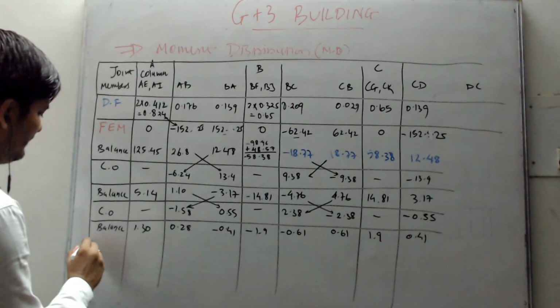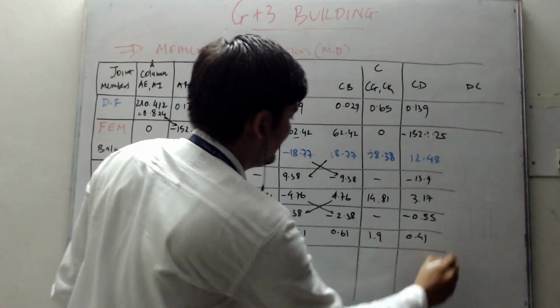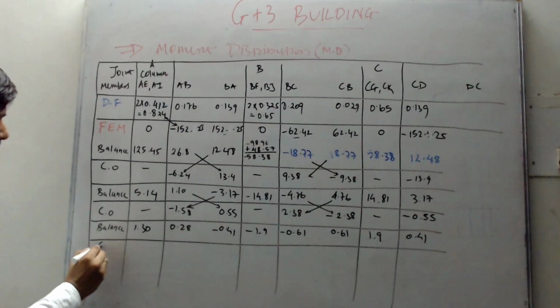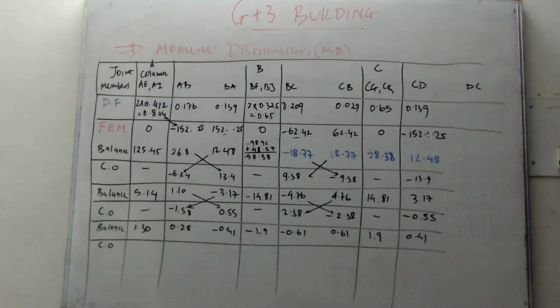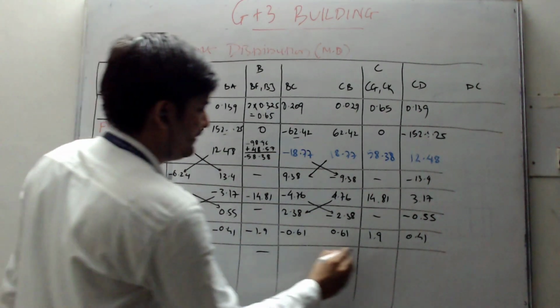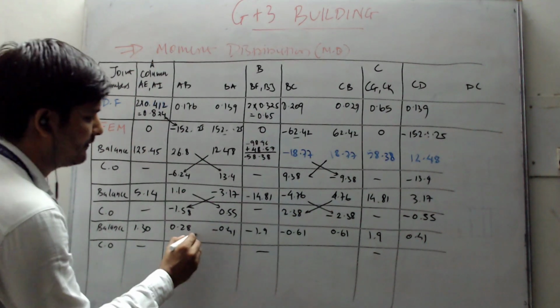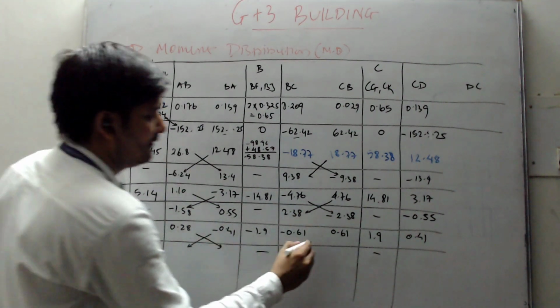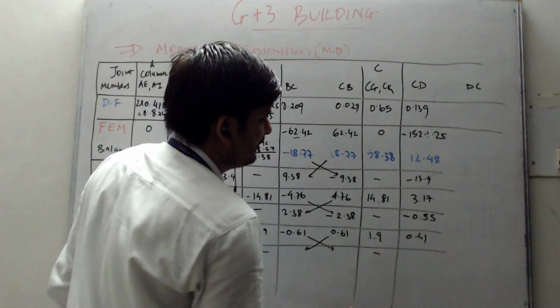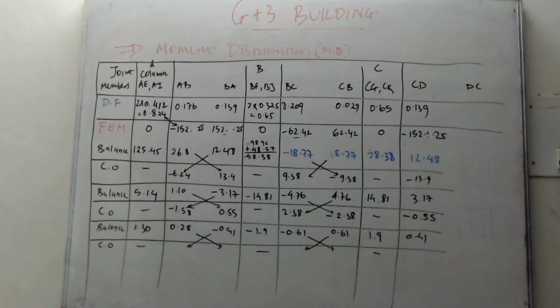We are repeating the process, right? Then we need to do the carryover again. So at column points there is no carryover, half left, half right, half left, half right on the last. So I'm getting my final value. We need to do this until these values become nearer to 0.